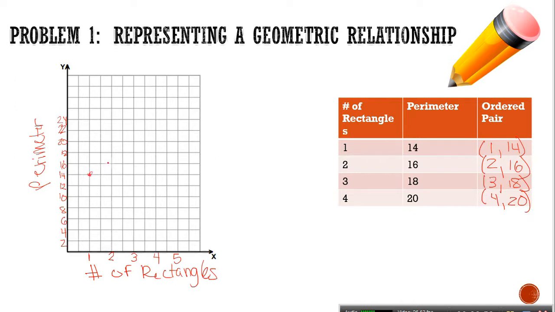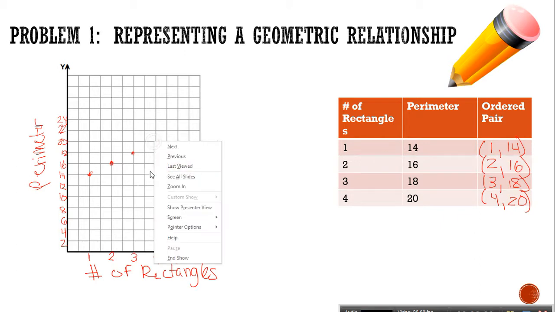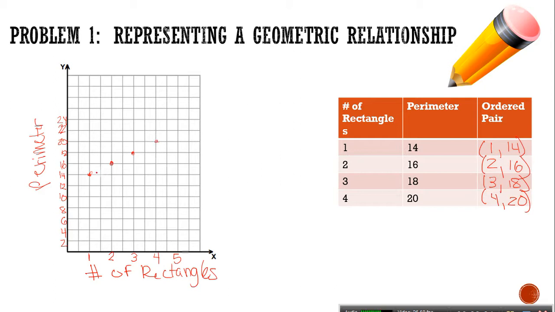2 and 16, 3 and 18, and 4 and 20. Now notice how I'm going up 1 over 2 a bunch of different times, which is really good.